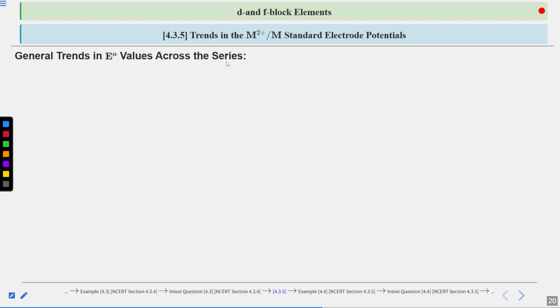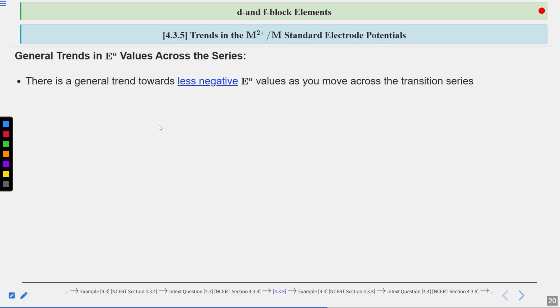General trends in the E naught values across the series. There is a general trend towards less negative E naught values as you move across the transition series.